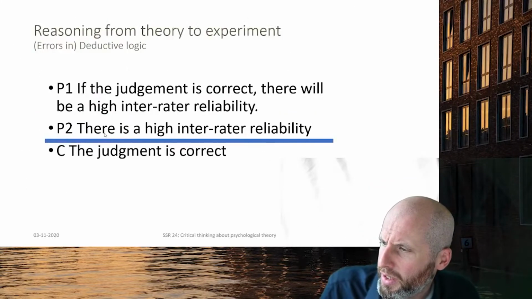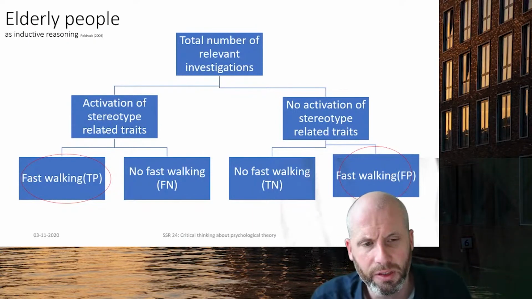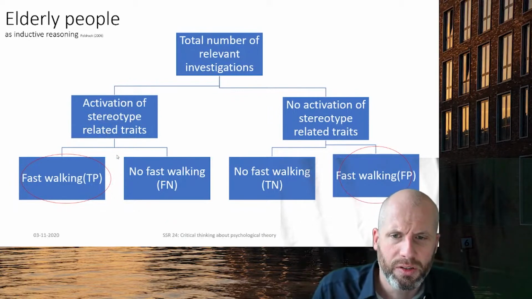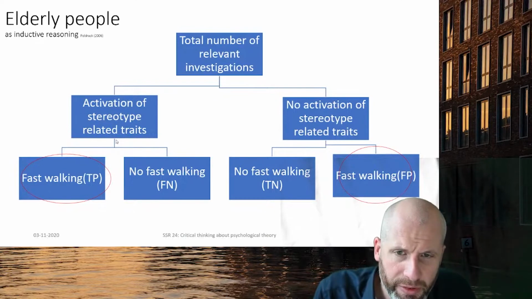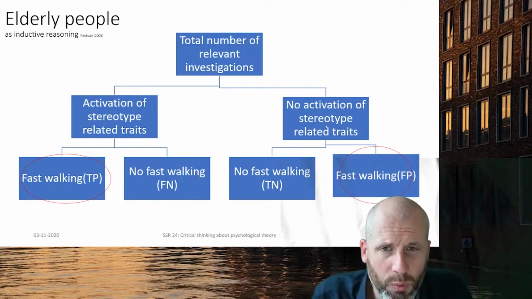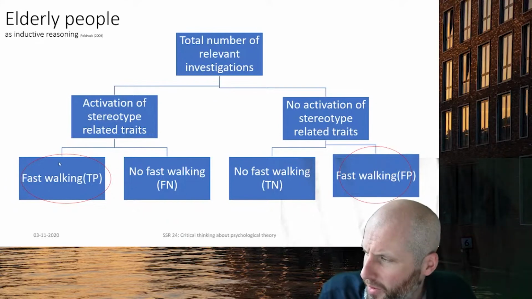So deductive logic in that sense is not of a lot of use in reasoning about research results, and it makes more sense to reason inductively about your research results, trying to show that the results that occur are better predicted by your theory than by an alternative model or theory, right? Which is what we did all the time in talking about inductive inference in the previous two blocks.